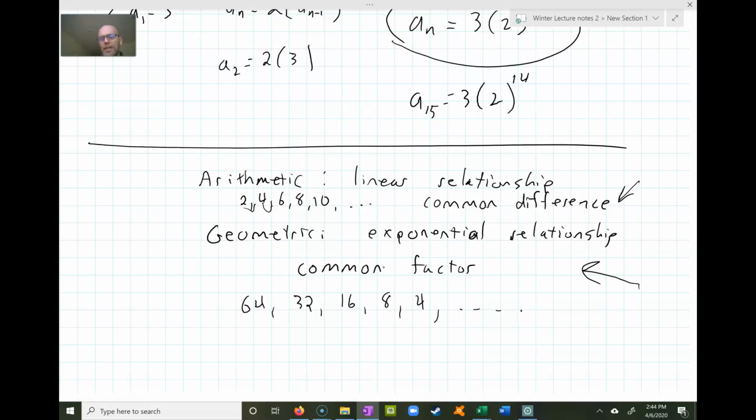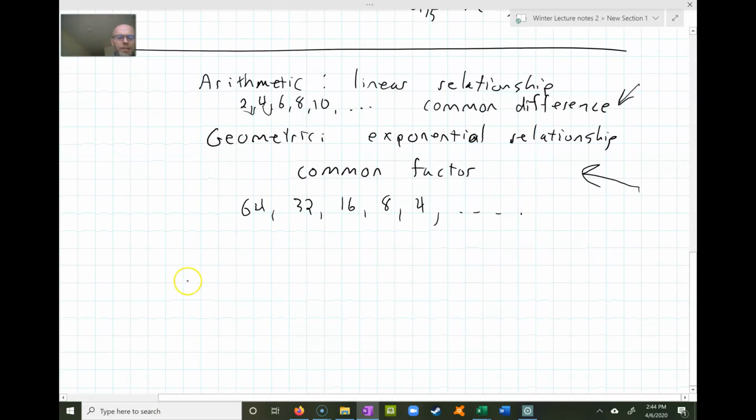And then the last thing I want to say, just briefly, is what's different about a series? Well, a series is just the terms of a sequence added up. So I have this sequence that looks like this: 1, 2, 3, 4, ... 7, let's say.